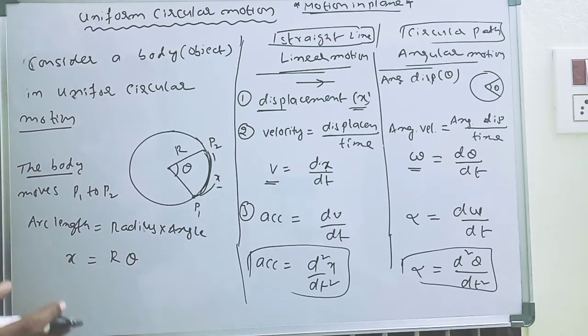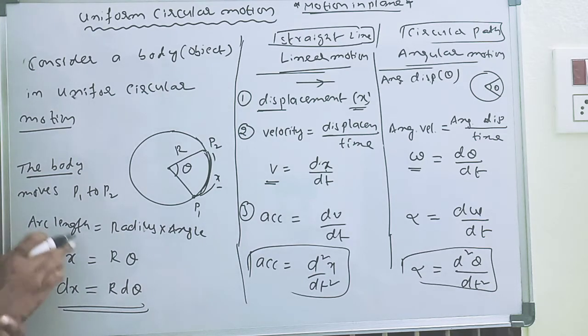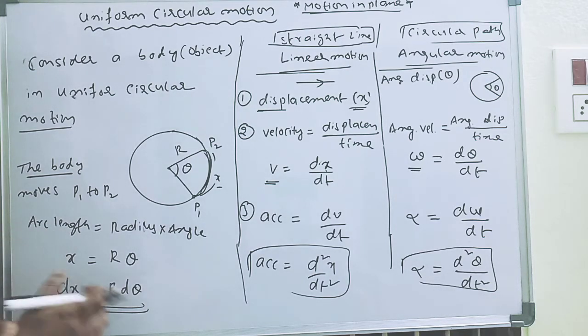Or suppose the displacement is very small, then dx is equal to r into d theta. This is the relation between linear displacement and angular displacement. This is the important one.